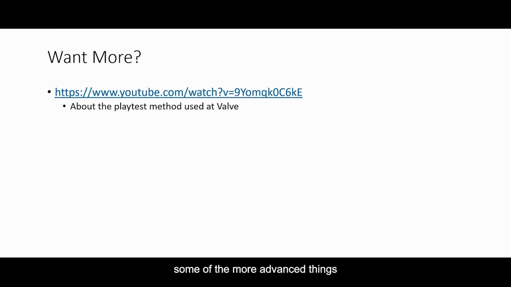You'll notice some of the more advanced things they talk about involving collection of large amounts of data are not going to be practical or even possible for a small project like one that you might create on your own, but their process in general is followed pretty widely as just best practice for running playtests. So while this video frames this as how Valve runs playtests, they're just the company that talked openly about their process a lot. In reality, a lot of game companies treat playtesting similarly to what's shown here.